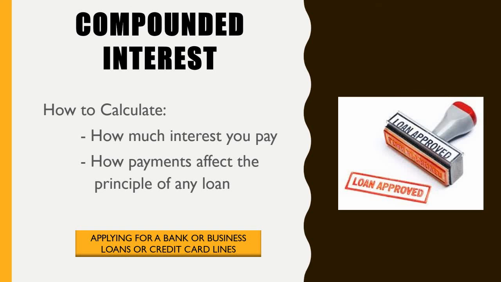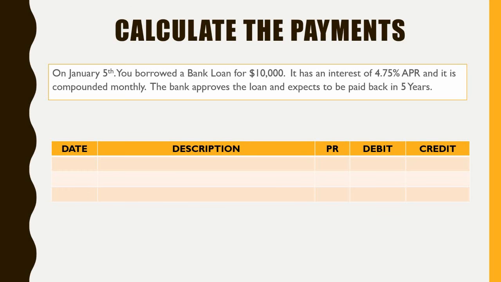So I'm going to apply this to a bank bond. Here's the example: on January 5th, you borrowed a bank loan for a total of $10,000, and it has an interest of 4.75% APR, and of course it also is compounded every month.